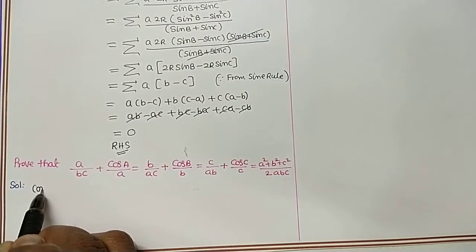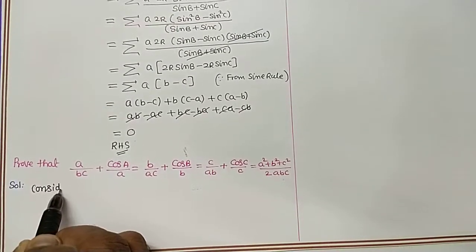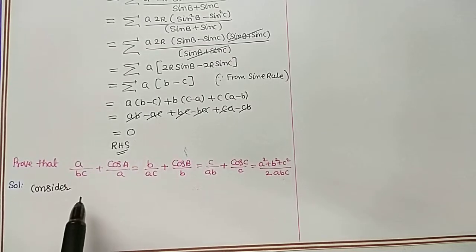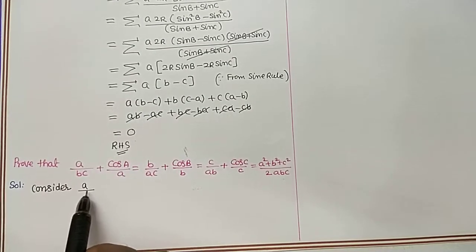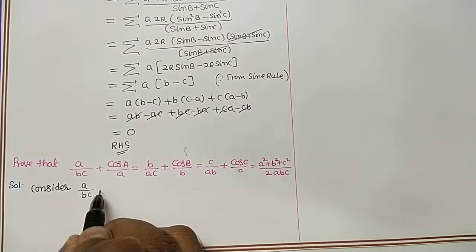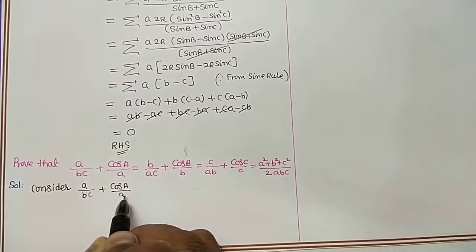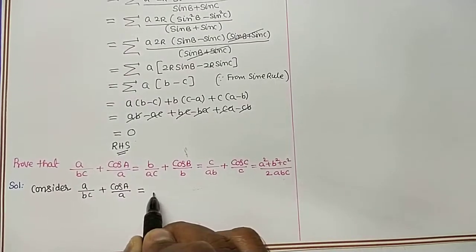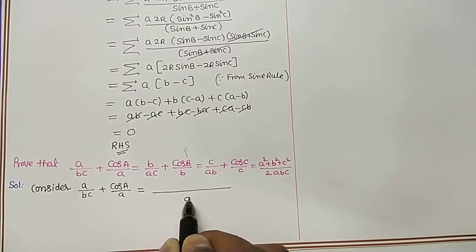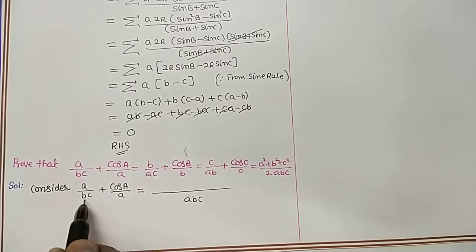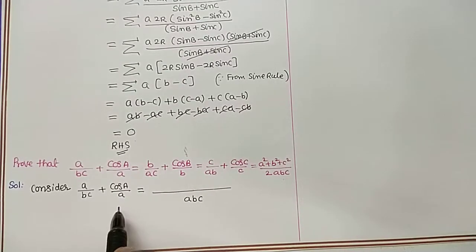Consider a by bc plus cos A divided by small a, which is equal to, take LCM abc. Here bc, here a, LCM is abc.